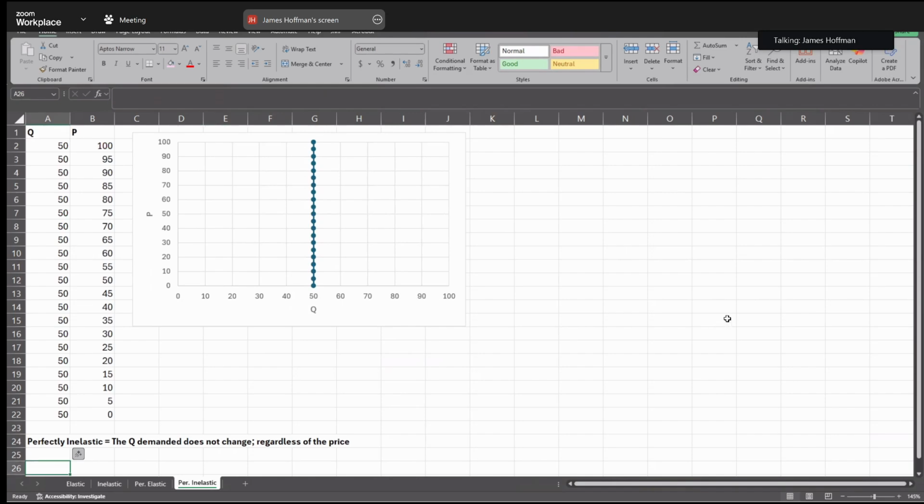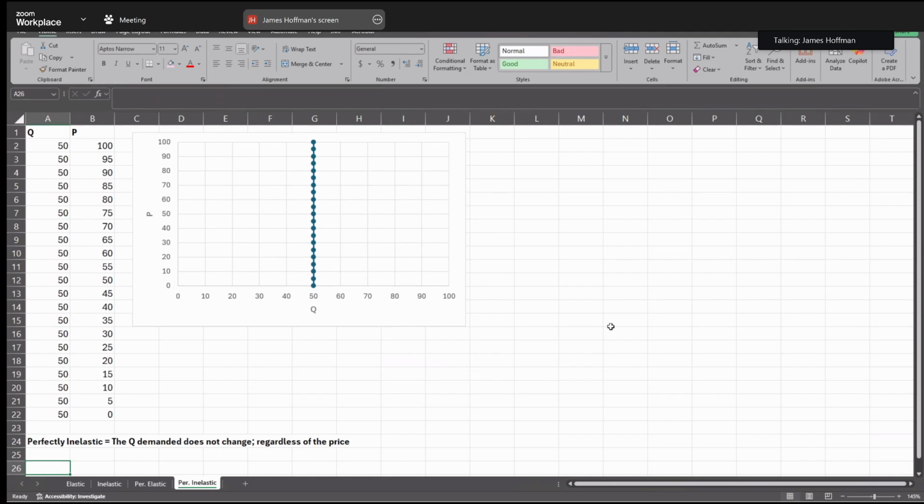Now, again, a bit of an extreme example, but can we think of an example where the demand for a good or service would be pretty much constant regardless of the price? So here we're looking at consumers who don't respond to price. It's just that the good is demanded at that quantity, depending on the number of consumers, at any price. I guess that's that.